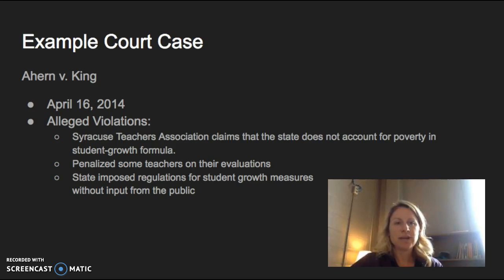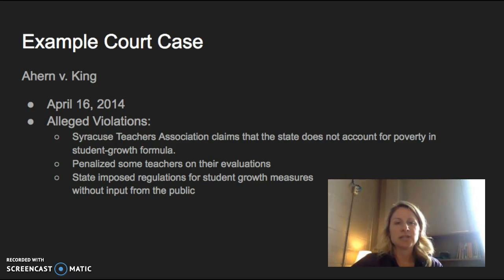One specific court case was from Syracuse, claiming that the state did not account for poverty in the student growth formula. And this was really an interesting one for me because in my district we have a wide range of socioeconomic situations.